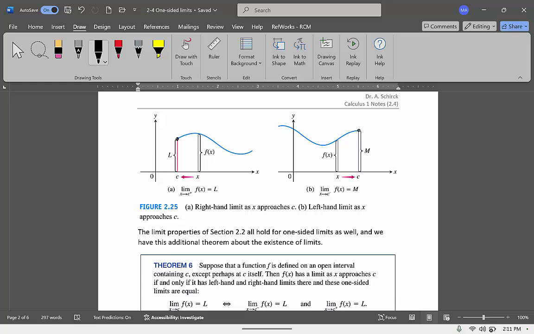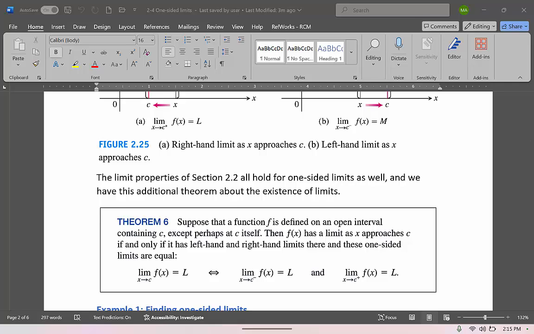All the limit properties that we talked about in section 2.2 hold for one-sided limits. We have this theorem that says, suppose that a function f is defined on an open interval containing c, except perhaps at c itself. Then f of x has a limit as x approaches c if and only if it has left-hand and right-hand limits there, and these one-sided limits are all equal.